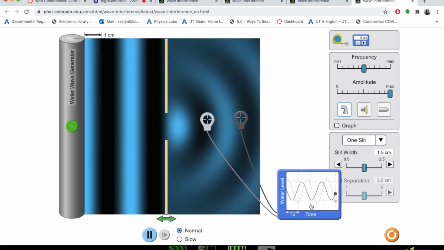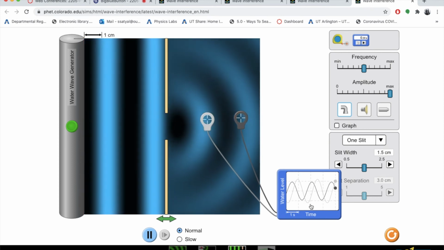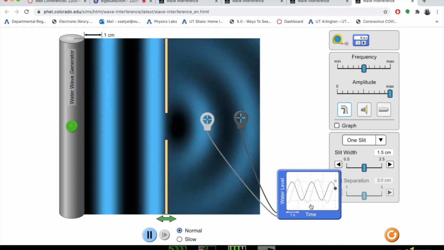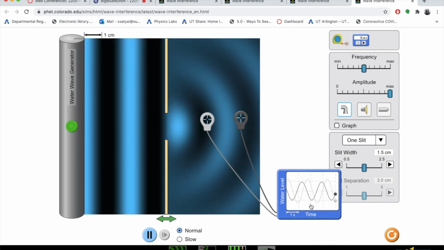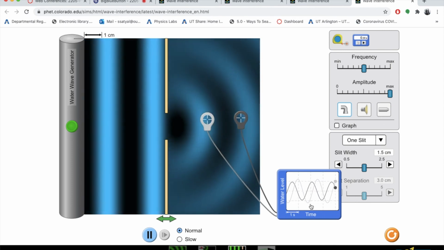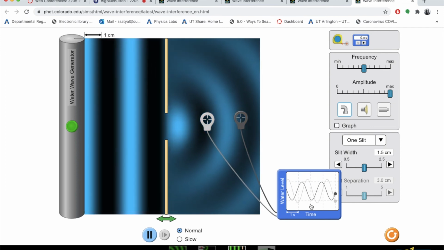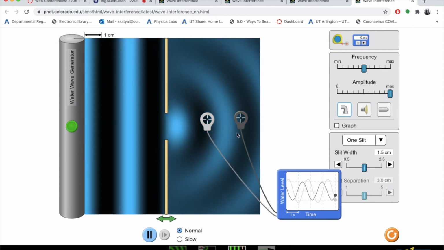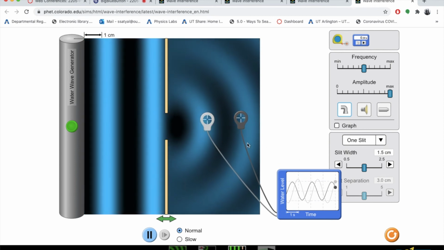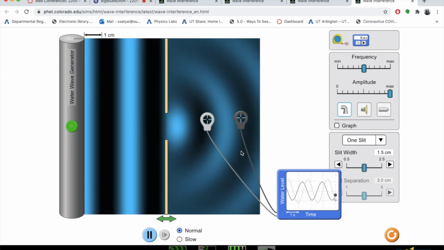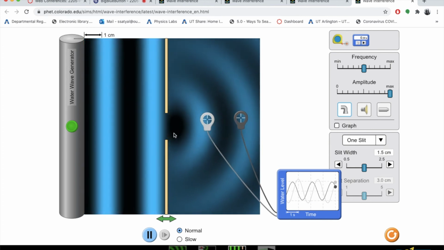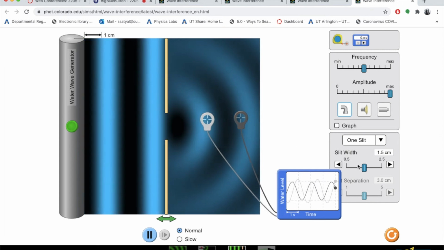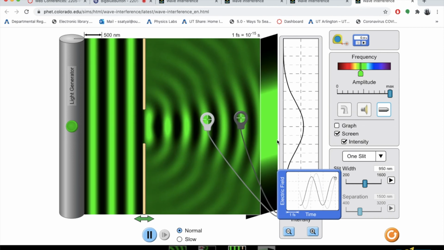Sometimes these waves do not necessarily have constructive interference or destructive interference. It's not just black and white. There's a gray zone here where they are partially constructive or partially destructive, and that's what creates these gray zones, not completely bright bands and not completely dark bands. Same thing with the light.